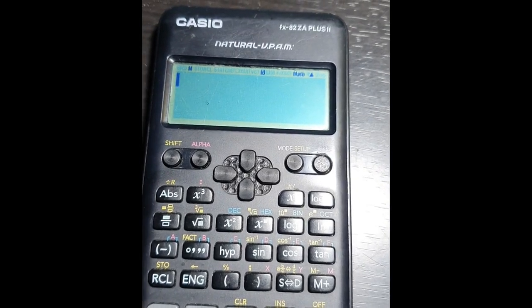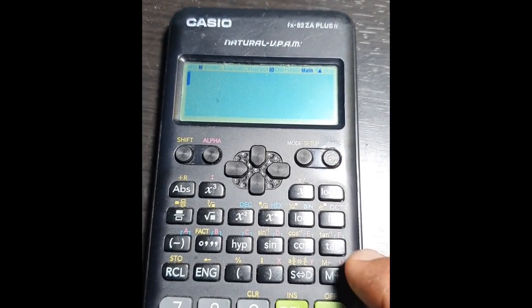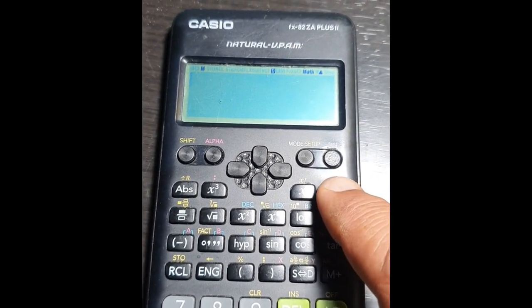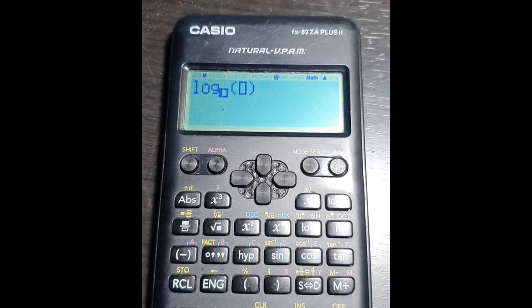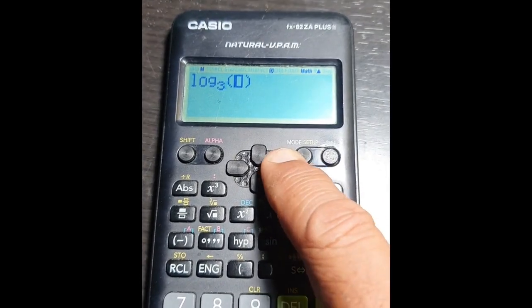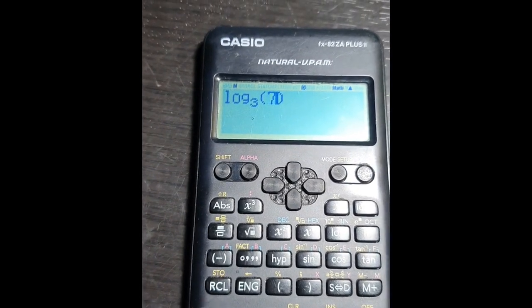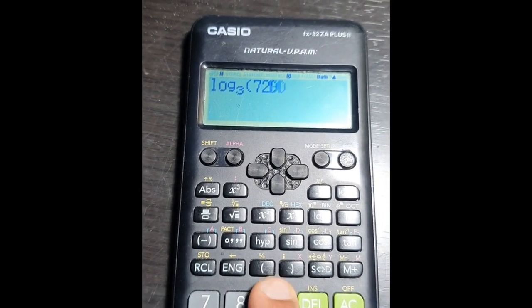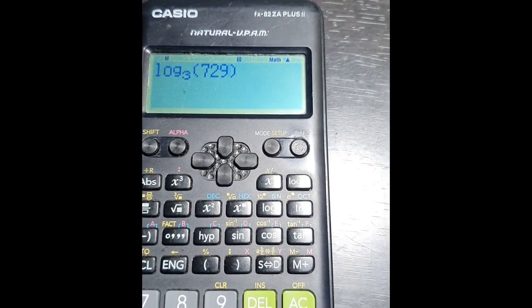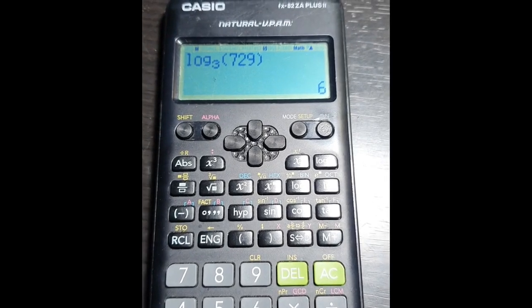Now I'm going to show you how to use the log in calculator. Press top button, this one top, log. Now the base is 3, and the log you need to find 729, and then you press equal, and there we go, the answer 6.